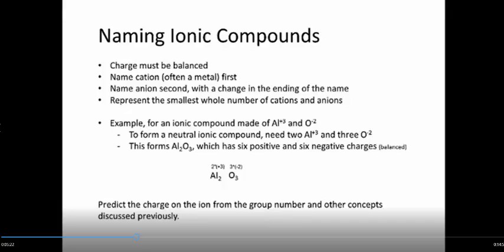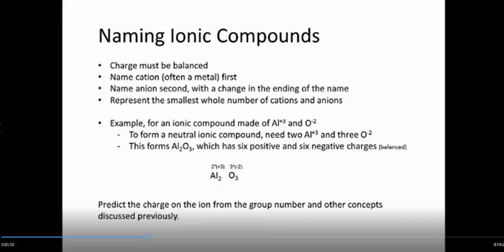To give you an example, for the ionic compound made of the +3 cation of aluminum and the -2 anion of oxygen, what we call oxide, to form a neutral ionic compound, we would need 2 of the +3 aluminums and 3 of the O-2 oxides. That's so that we would have the same number of positive charges and negative charges.